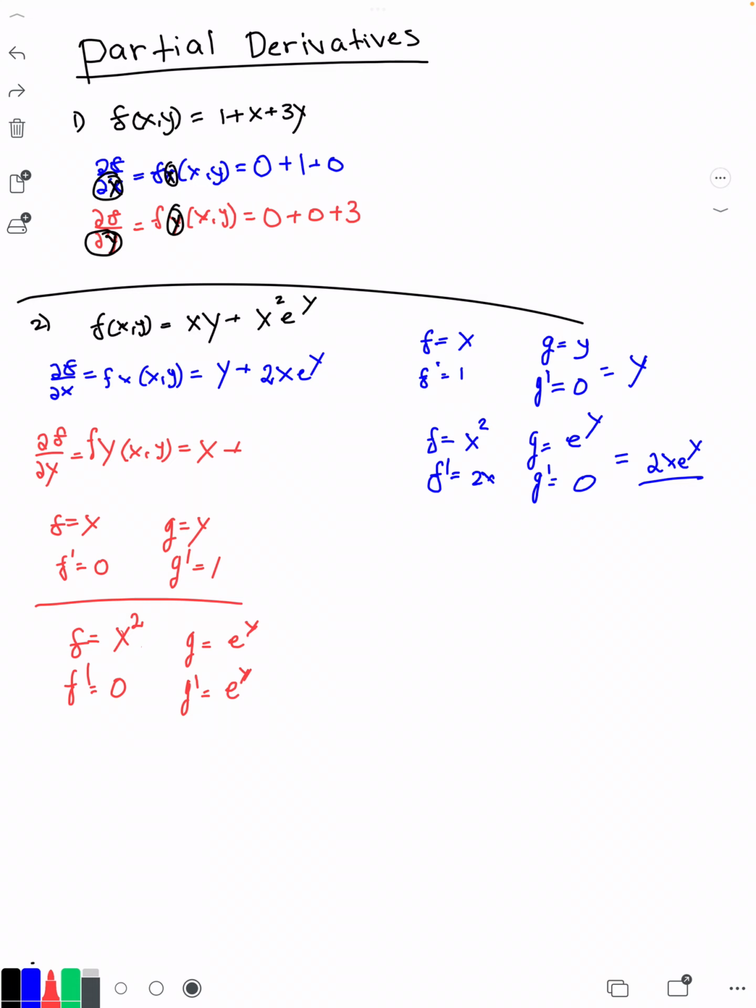So derivative of e of y is e of y. We're going to have 0 multiplied by e of y is 0 plus x squared multiplied by e to the power of y. So the result is going to be x plus x squared multiplied by e to the power of y.